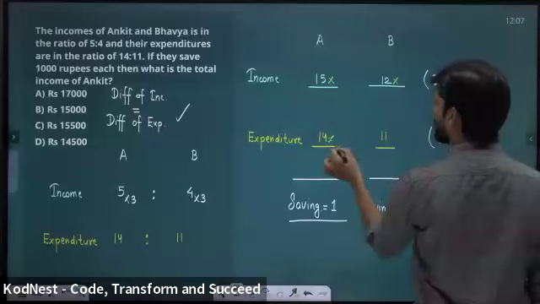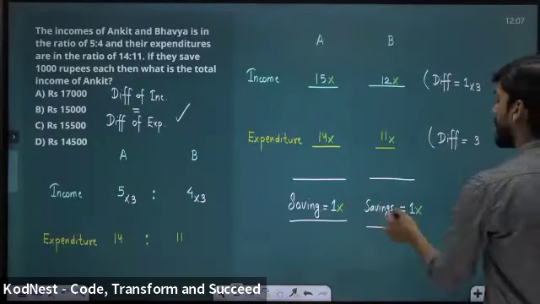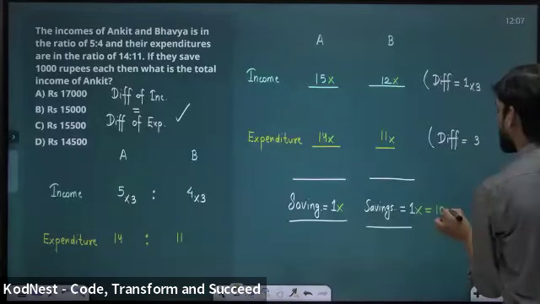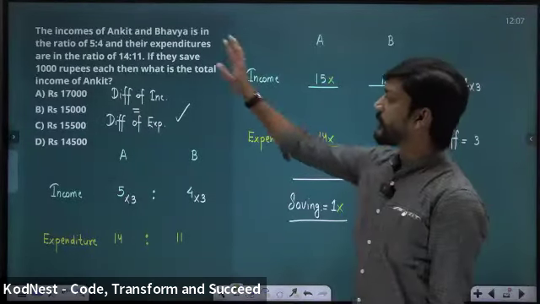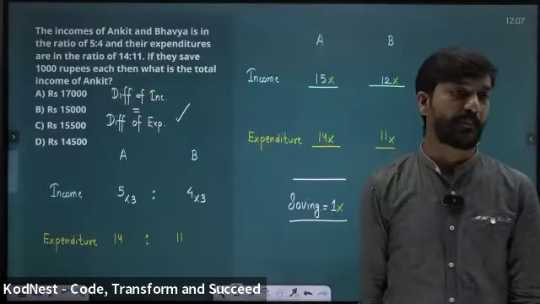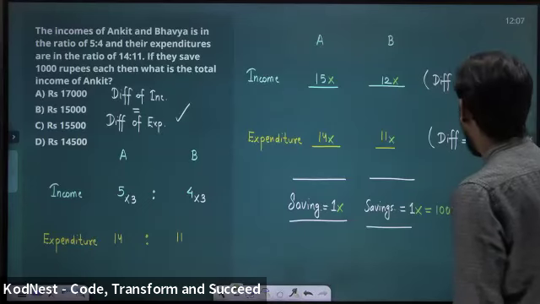So take a variable x, savings are given 1000. So what is x? x equal to 1000. If x equal to 1000, what is the income of Ankit? How much? 15,000. So 15,000. All right. Okay.